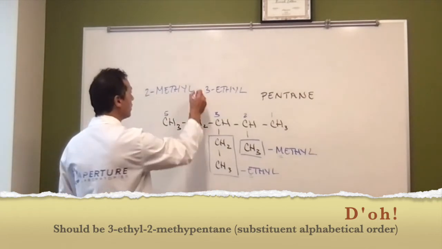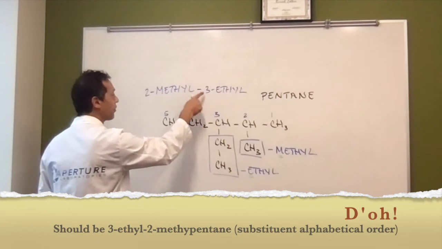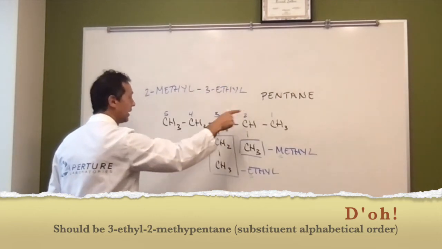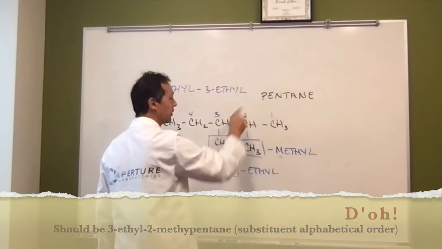And we just put a little dash here like this. And so it becomes 2-methyl-3-ethylpentane. And right between methyl and pentane, there's no comma, there's no dash, there's no space.